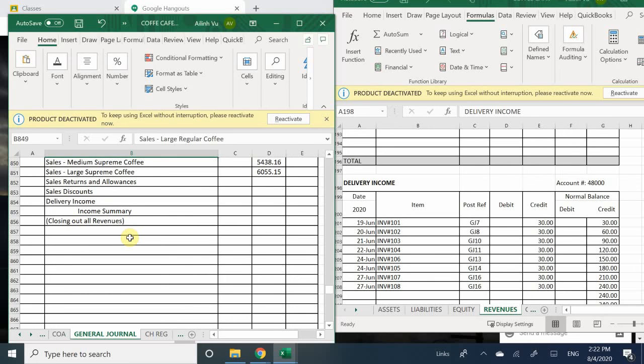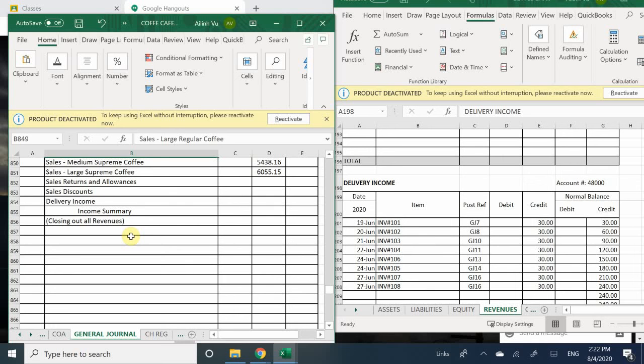Now, from a corporate standpoint, you're going to close it out to retained earnings. But under a private or small business or sole proprietor, you're going to close it out to income summary.